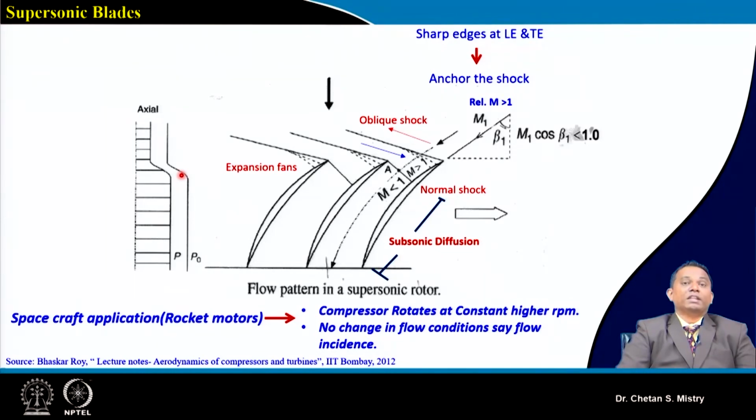Now here in this case, what is happening, because of the presence of my normal shock, I will be having a sudden rise of pressure. That sudden rise of pressure is what will give me the expected pressure rise from these blades. And that's where we need to think of opting for a supersonic kind of compressor or supersonic kind of flow.